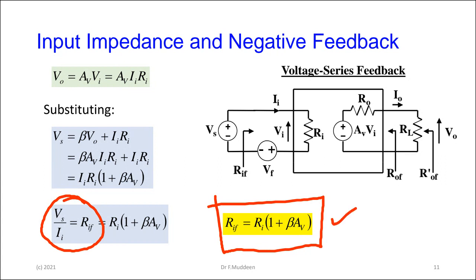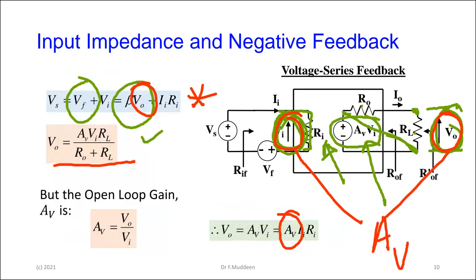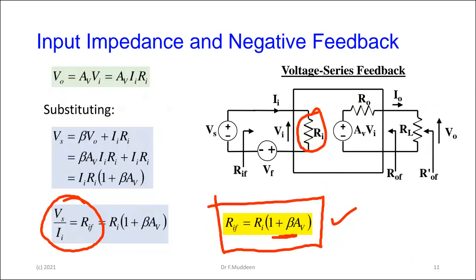We've gotten rid of all the voltages, and we now have that the input resistance with feedback is the original input resistance, but with this factor inside of here, 1 plus beta AV. Now, beta AV is bigger than 1. The AV, remember, the capital AV is the open loop gain of this device, so if it's an op amp, it's something fairly substantial. And beta is our feedback factor.